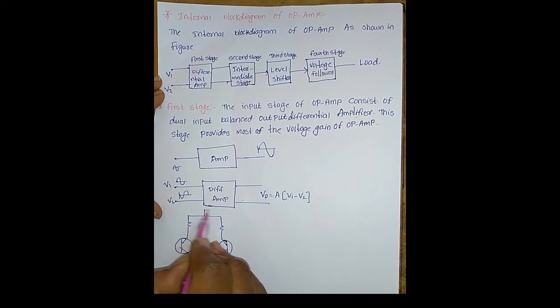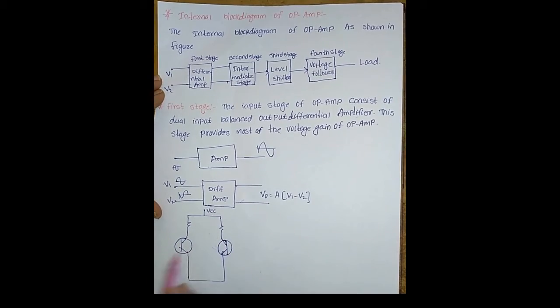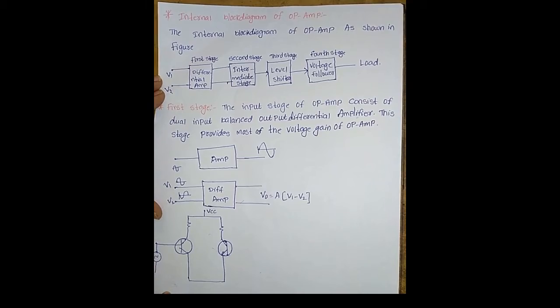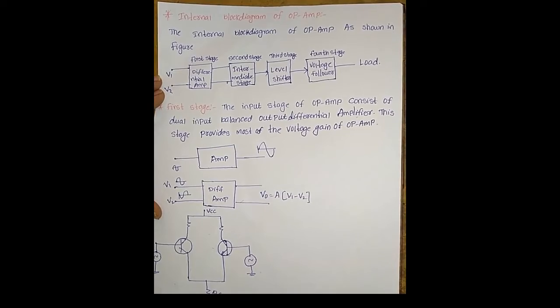Here we connect the external power supply VCC, and here we give the two input signals. This is the circuit diagram of the differential amplifier.